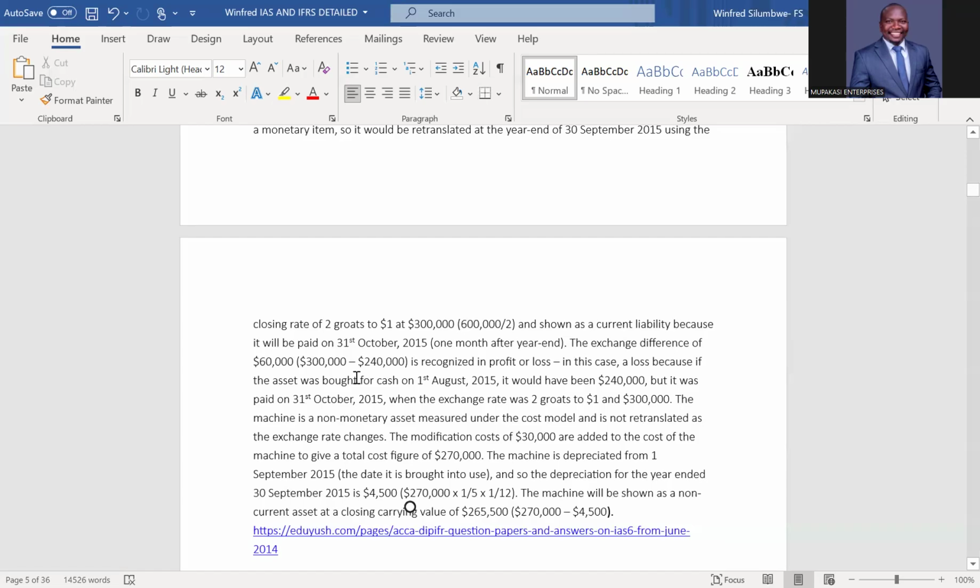You need to understand the difference: if you bought a machine on cash, it was going to be 240, but now we paid 3 months later. So just by September, even before we reach October, we already incurred $60,000 in terms of loss. If we go up to October, the company is going to lose more. It's going to incur more expenditure.